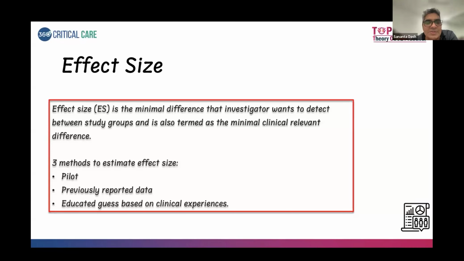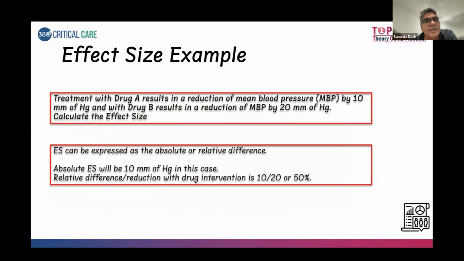So this is the effect size for that intervention. Or on a very rare occasion, you can take an educated guess based on your clinical experience, which again doesn't have much validity. So effect size can be extrapolated or measured by either a pilot trial, by previously reported data, or by just an educated guess.